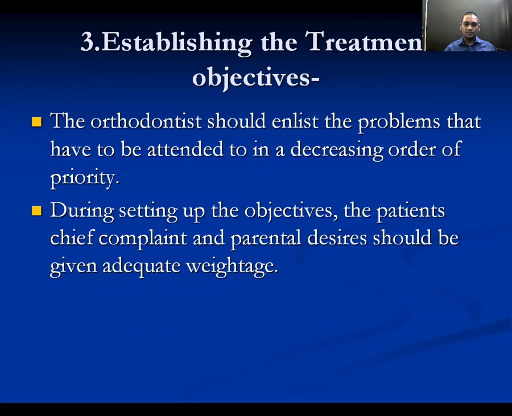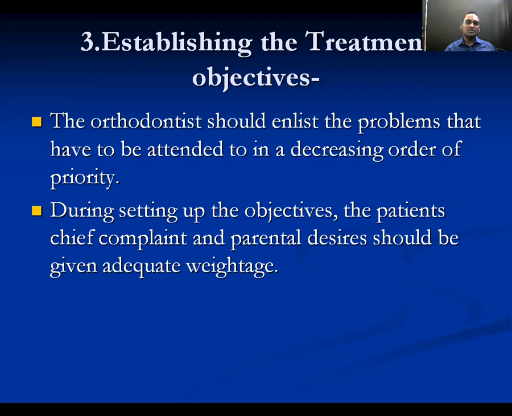Now objectives. The orthodontist should enlist the problems that have to be attended to in a decreasing order of priority. It means the problems have to be written down on a priority basis. The patient's chief complaint should be written as the first priority. Then other problems such as overjet, overbite, crowding should be given second priority.